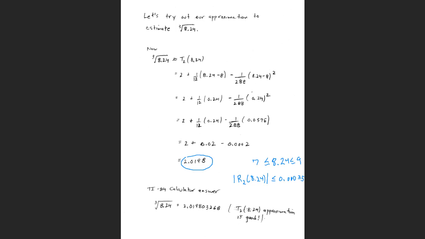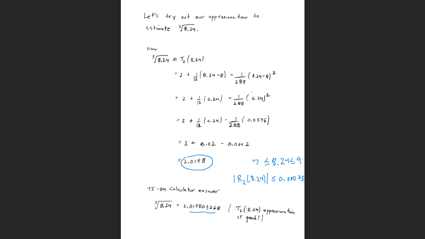And if we go to the calculator to get the answer, the calculator would have an algorithm that's going to be more exact than a second degree Taylor polynomial. Maybe it'll have a 20th degree Taylor polynomial, for instance, programmed in it. The calculator answers 2.019803268.